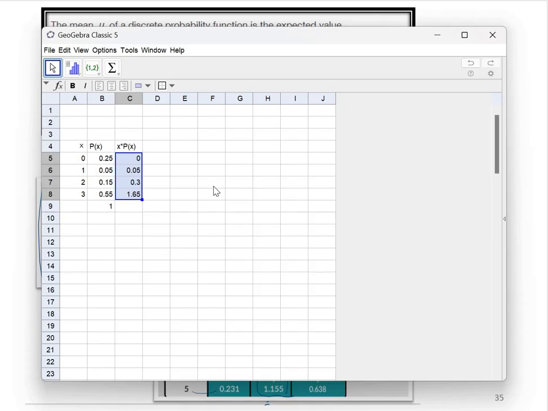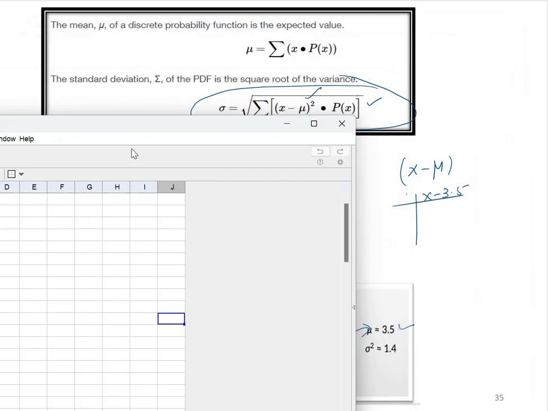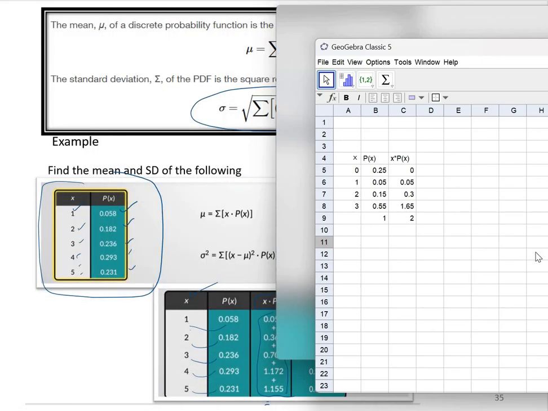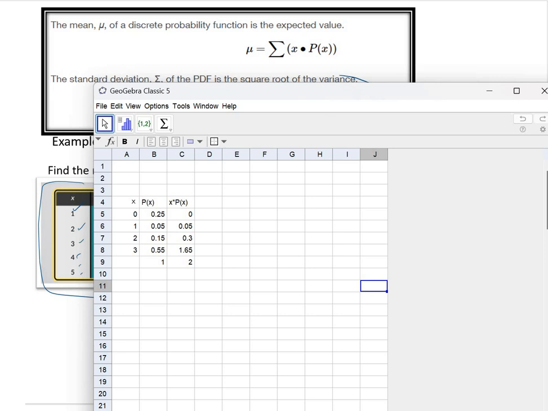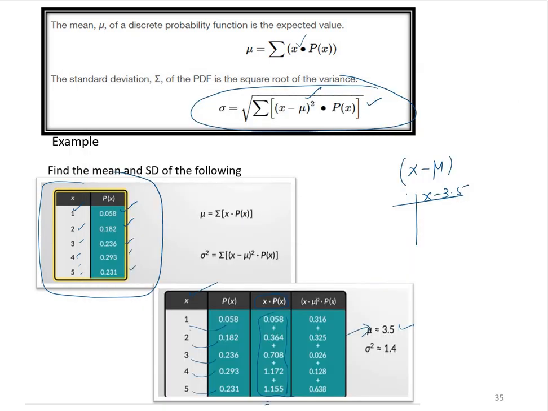If you want to find the sum, select all of that and then click the sum. So the value is here, and that is the mean. What is the mean? Mean is sigma x p of x, where x is here and p of x is here.